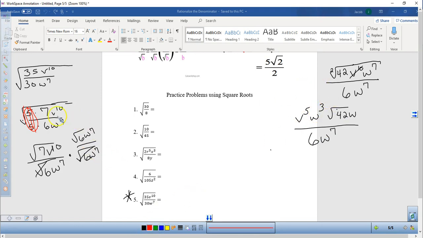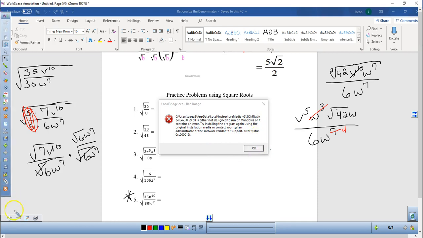The reason I rationalized first instead of simplified over here is because I knew that this situation was going to happen. I've got 3 w's on the top and 7 on the bottom. That means I can simplify a little bit. I can take away these 3, and as long as I take away the same number from the bottom, it stays balanced. So if I take away 3 from down here, I'm going to be left with 4.